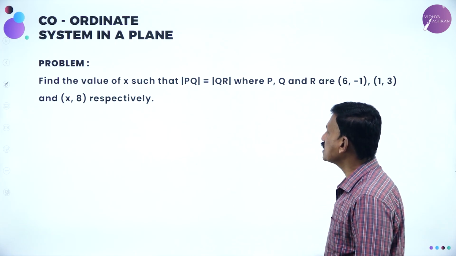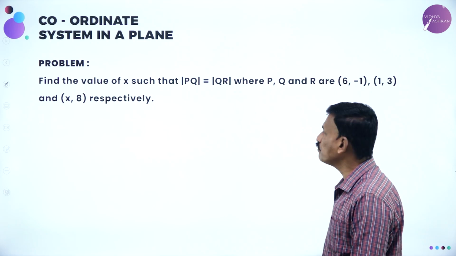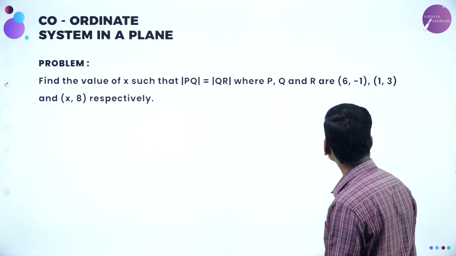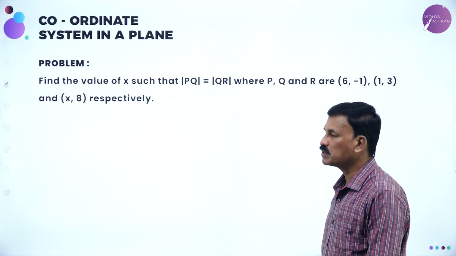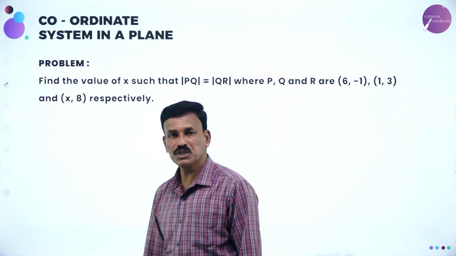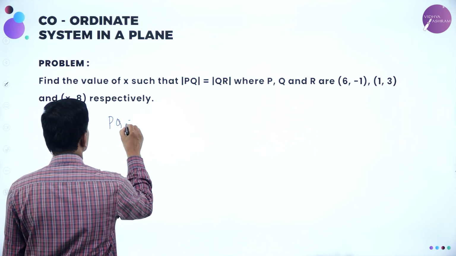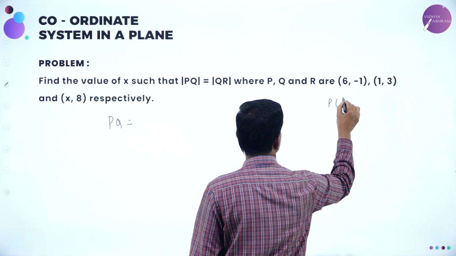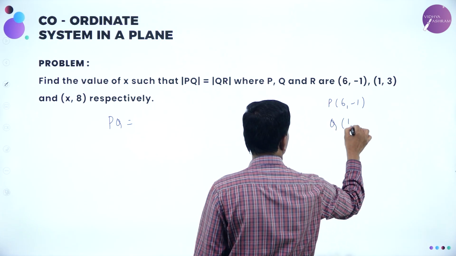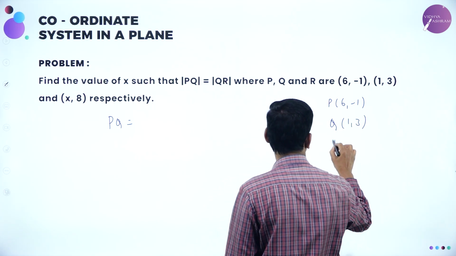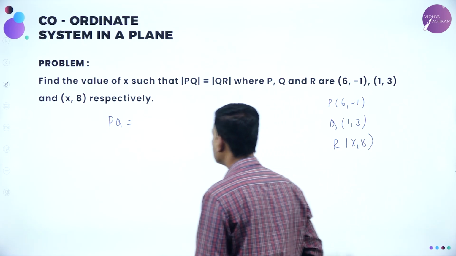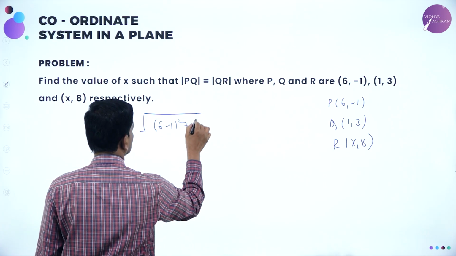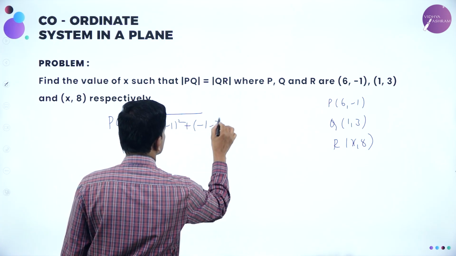Find the value of x such that the distance from P to Q, length of PQ, is equal to length of QR, where P, Q and R are the points 6 comma minus 1, 1 comma 3 and x comma 8 respectively. Now first find out PQ. PQ is square root of 6 minus 1 whole square plus minus 1 minus 3 whole square.